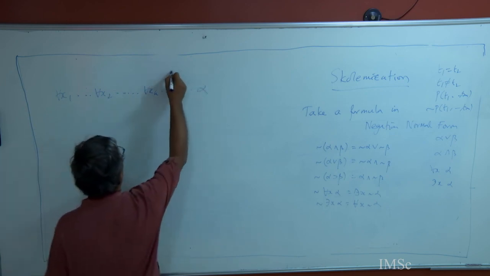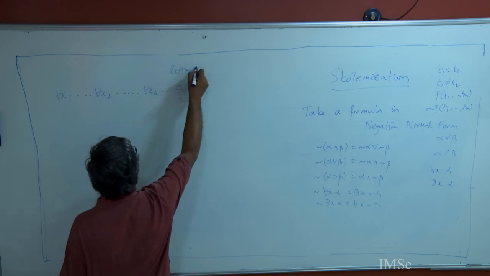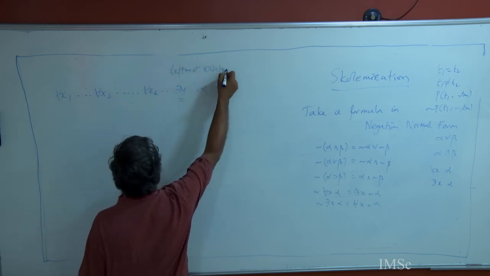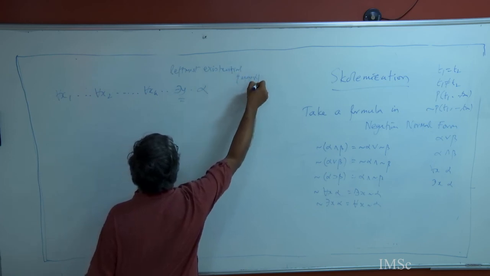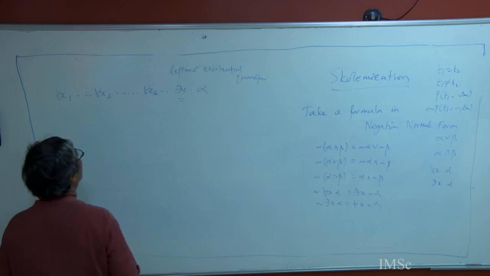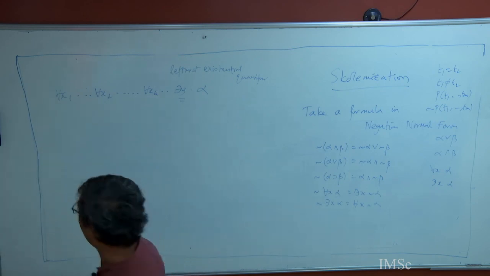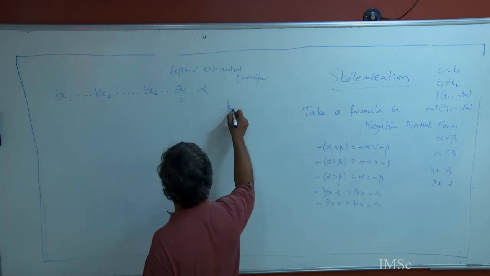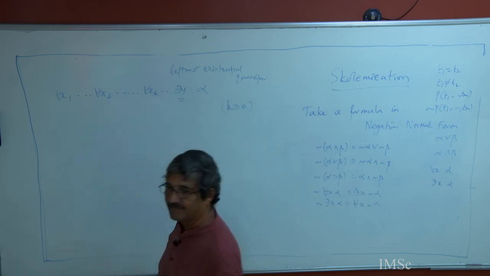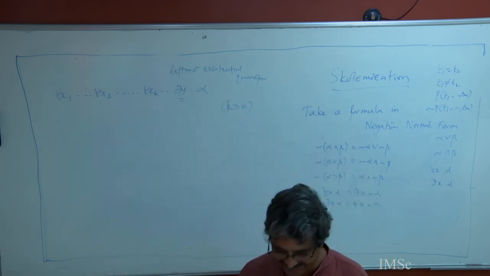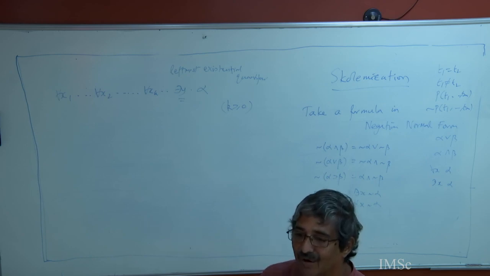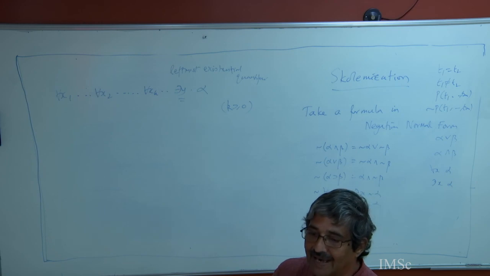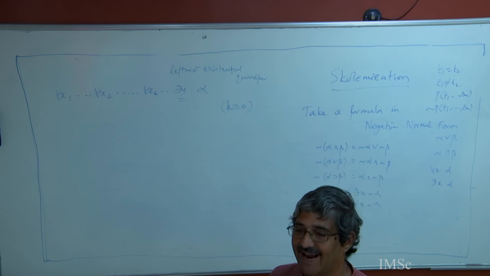So this is the leftmost existential quantifier, with k greater than or equal to 0. That means if the formula has an existential quantifier at all, look at the leftmost one. Before that, look at all the universal quantifiers there are. There may be none, right?